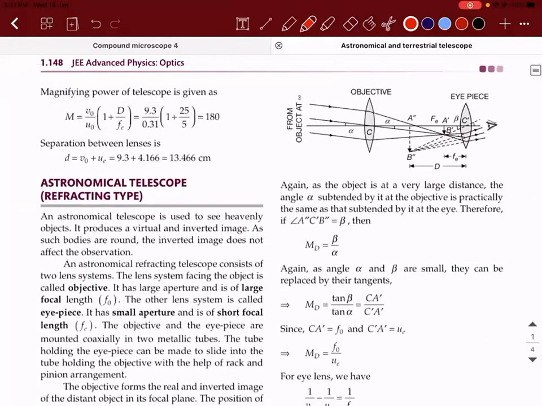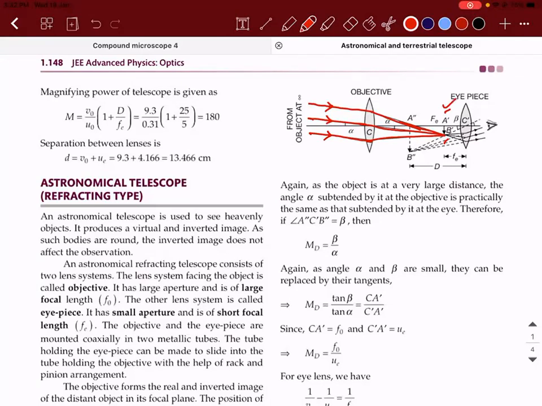So basically, for an astronomical telescope, the rays are coming from infinity. When the rays are coming from infinity, let's say the image is formed somewhere over here, that is A dash, B dash.